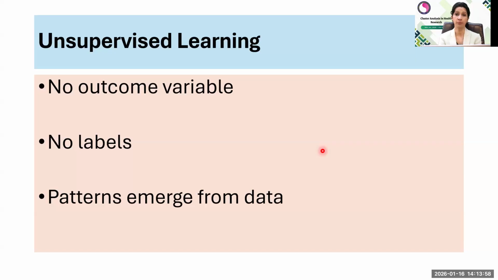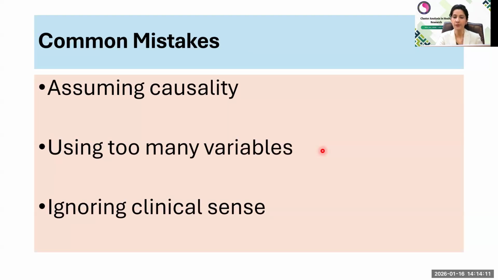It is unsupervised learning, because in cluster analysis you don't have any outcome. You have an outcome variable in your data, but you don't feed it in; you look at the pattern that emerges from the data. The common mistakes we make while doing clustering: first, you assume causality, but again, there's no hypothesis testing, no causality. Second, using too many variables.